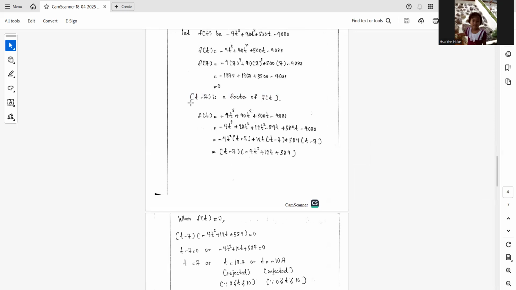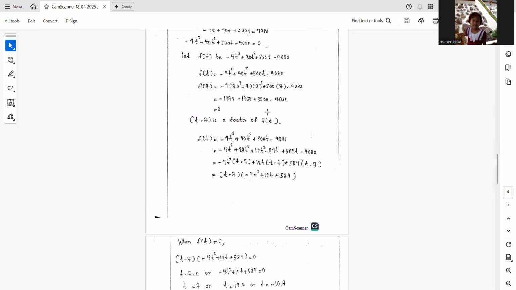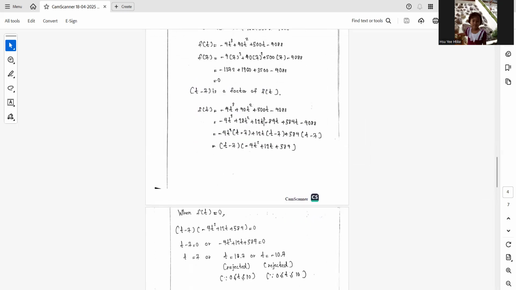Here, we factorize f of t by the grouping method. Here we get two brackets: (t minus 7) times (-4t squared plus 12t plus 584).